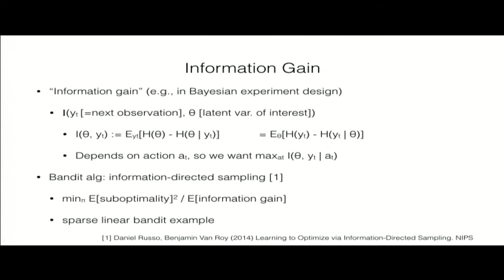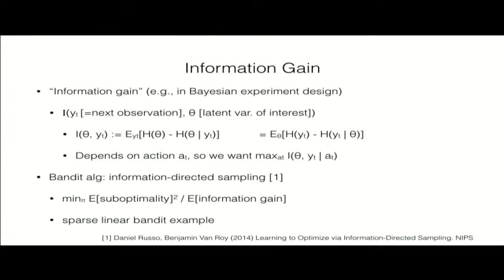So a very well-known class of methods here is to look at the mutual information between the observation and the parameter of interest that you're trying to gain information about. So let's call y our next observation, and let's say theta is some latent variable that we're trying to gain information about. So what we're going to try to maximize is this information theoretic quantity called the mutual information.